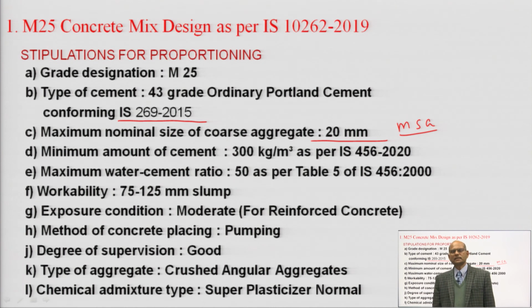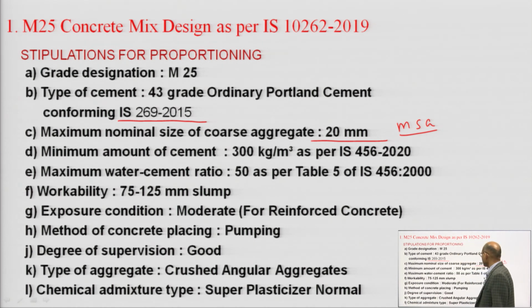You may gain the strength by controlling the water cement ratio with a lesser amount of cement also. Even 220 kg you may get, but for the durability requirement and exposure condition, the minimum amount of cement is 300 kg per meter cube. So, you have to keep that in mind.